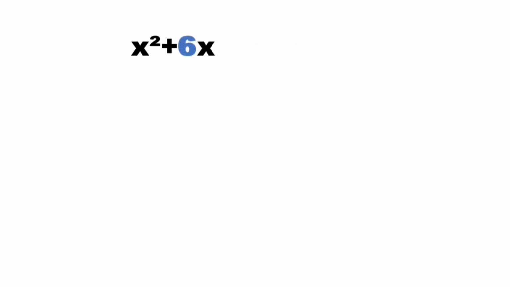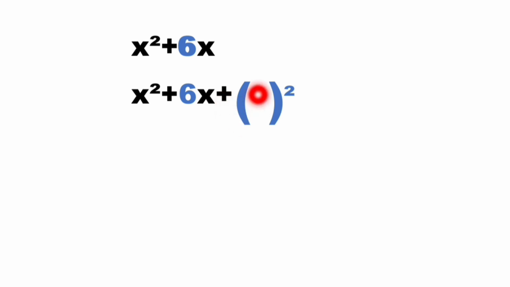So for example, we have x squared plus 6x, and we are going to add a number that will make this a perfect square trinomial.